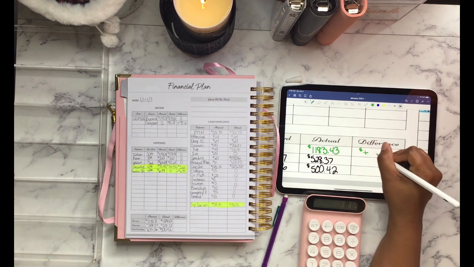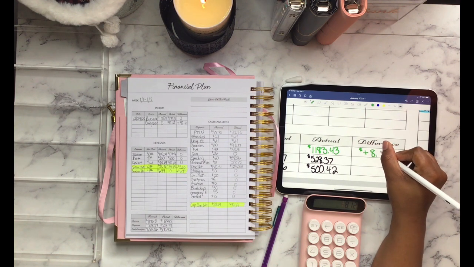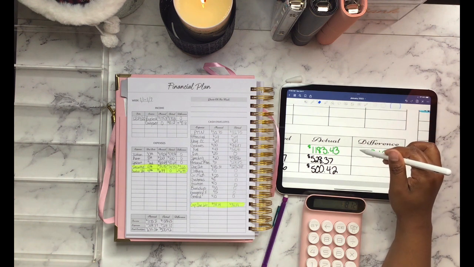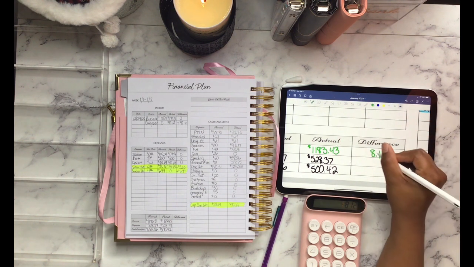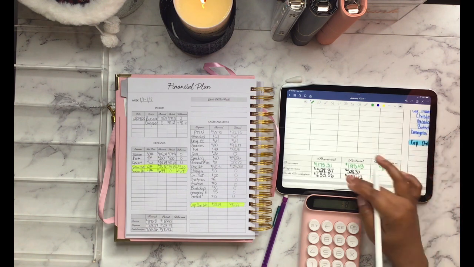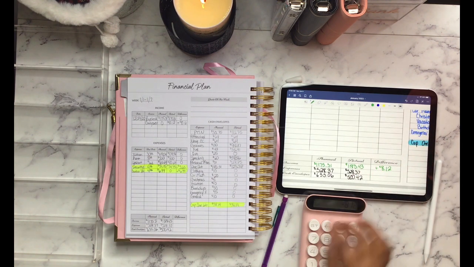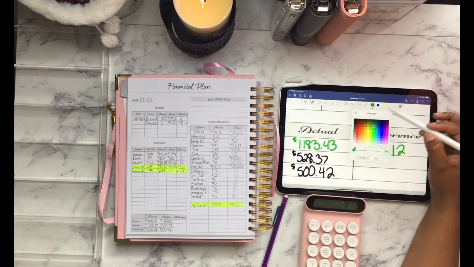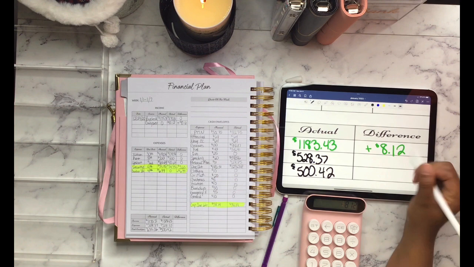So I had an extra $8.12. I might have done that backwards. Let's see. And then here, my fixed expenses are the same, so there's no difference.